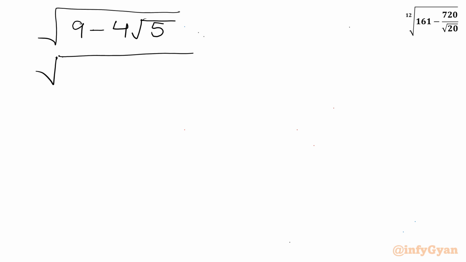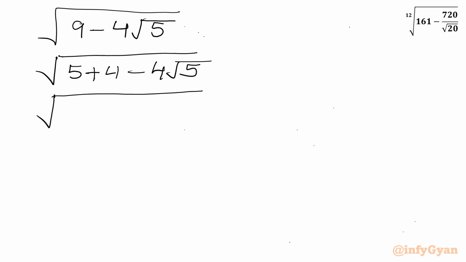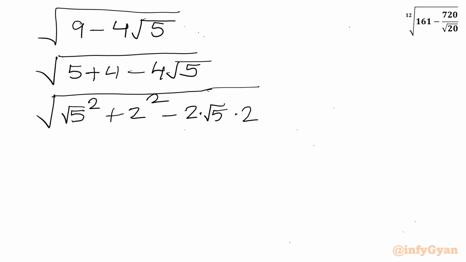Now I will split 9 as 5 plus 4 minus 4 square root 5. So 5 can be written as root 5 square. 4 can be written as 2 square. And here I can write 4 root 5 as 2 times root 5 times 2, which is 4 root 5. Now again it is a square plus b square minus 2ab.